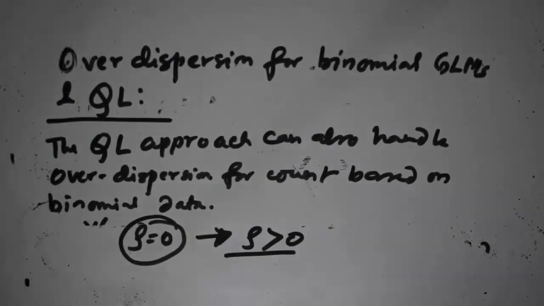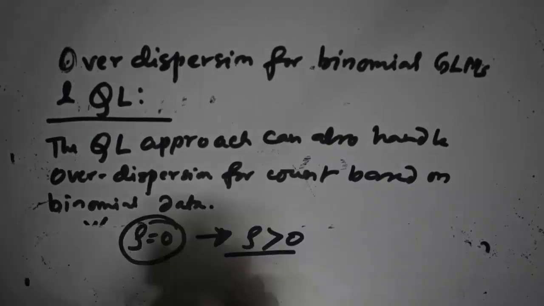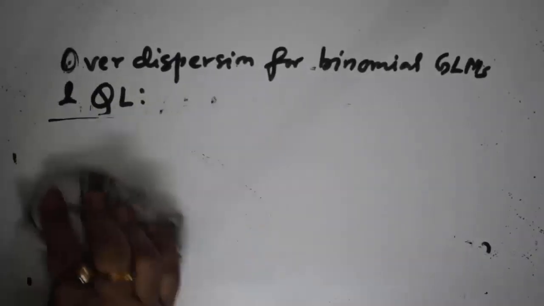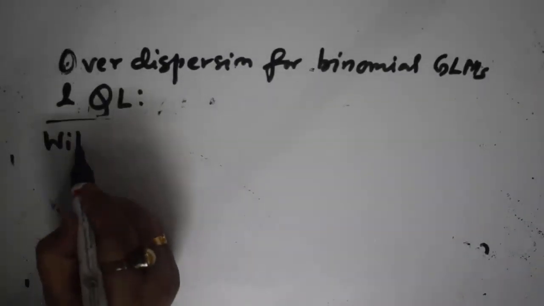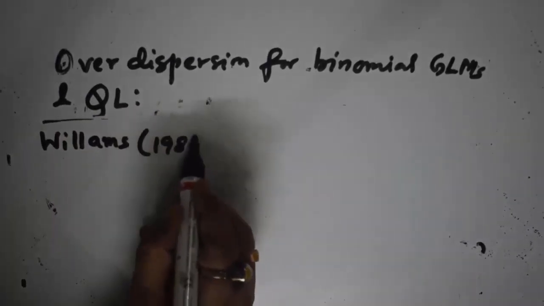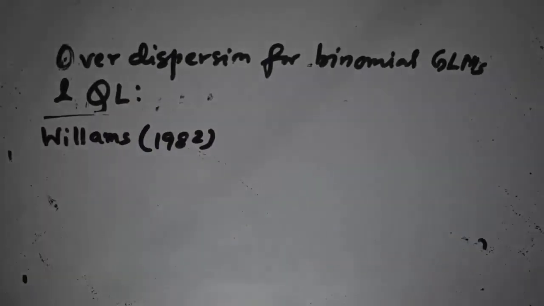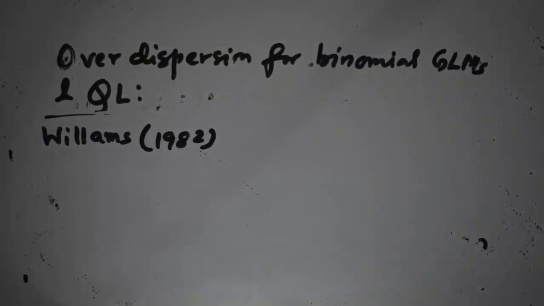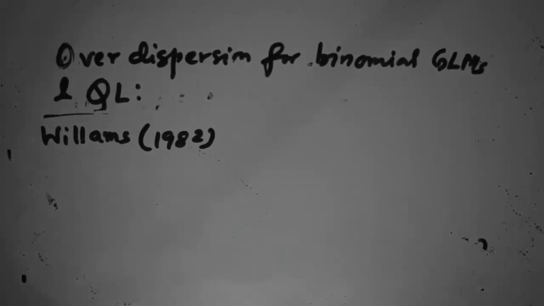For this quasi-likelihood approach, Williams in 1982 gave an iterative routine for estimating beta and the overdispersion parameter rho.